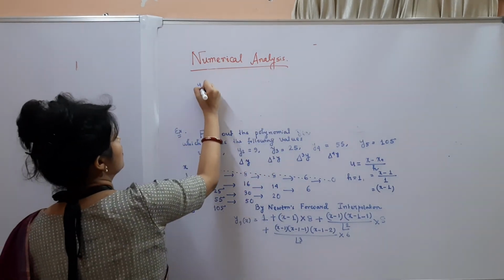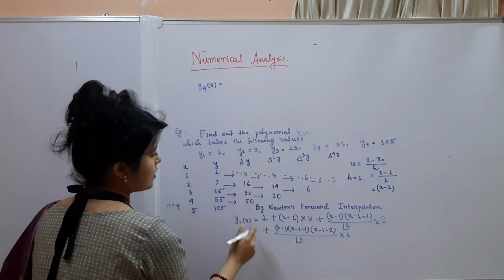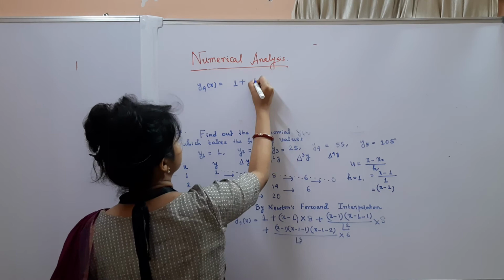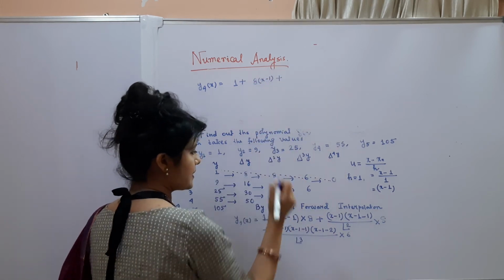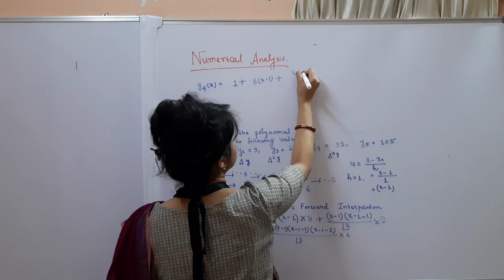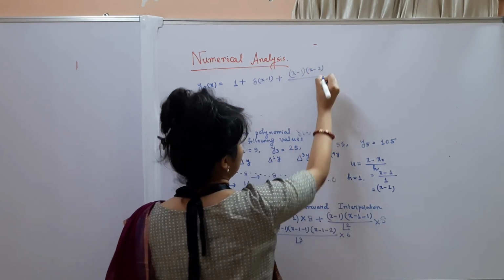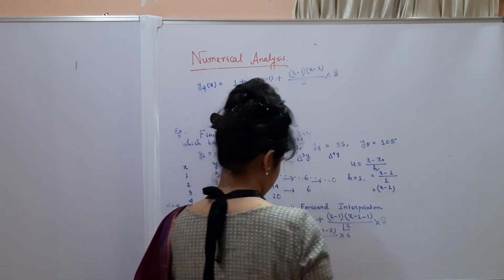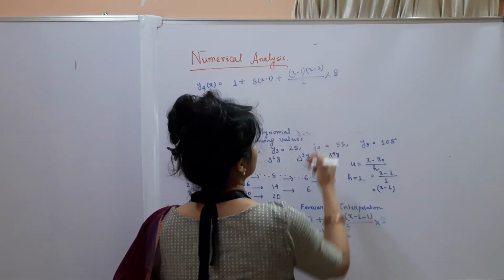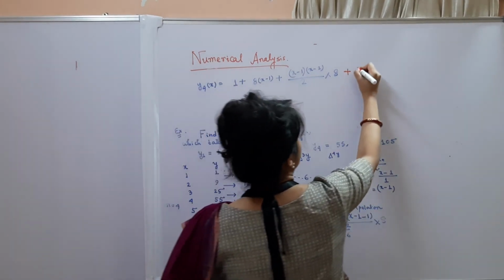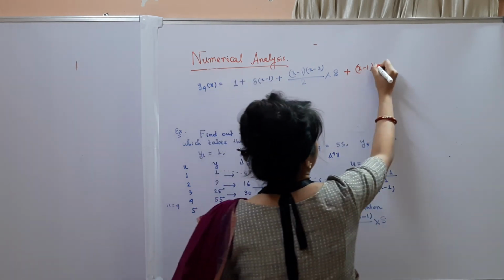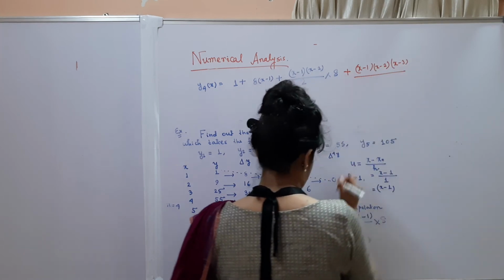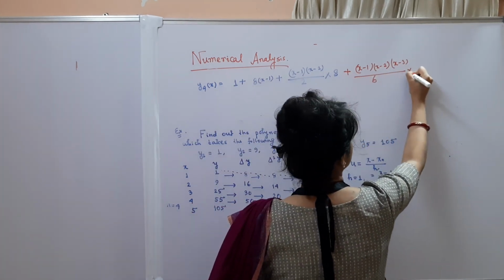Okay, so y4(x) equal to, so this is 1, plus 8 into x minus 1, plus x minus 1, x minus 2 by factorial 2 means 2 into 8, plus x minus 1, x minus 2, x minus 3 by factorial 3 means 6 into 6.